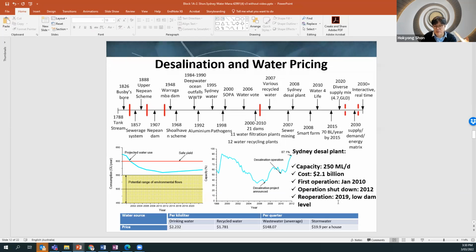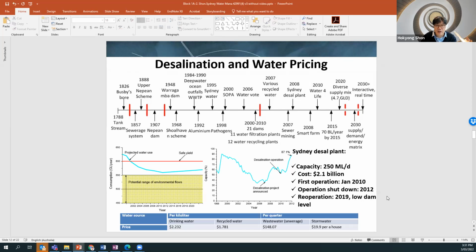The dam level was almost 70%. At the time, we started to think about our desalination plant operation, but we got another very heavy rainfall. So we didn't really operate for long, just a very short time, and still we have not operated the Sydney desalination plant.